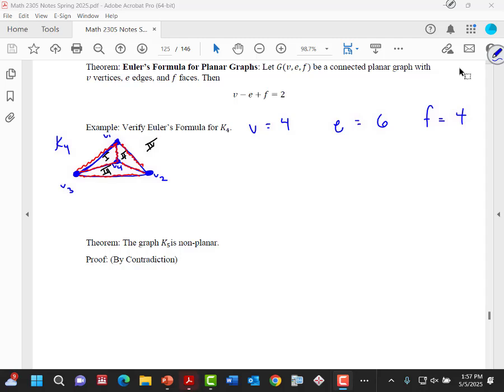Because this graph is planar, V minus E plus F equals 2. So 4 minus 6 plus 4, is that 2? Well, let's check. 4 and 4 is 8, minus 6 is 2. It checks out. So we just verified that this was true.